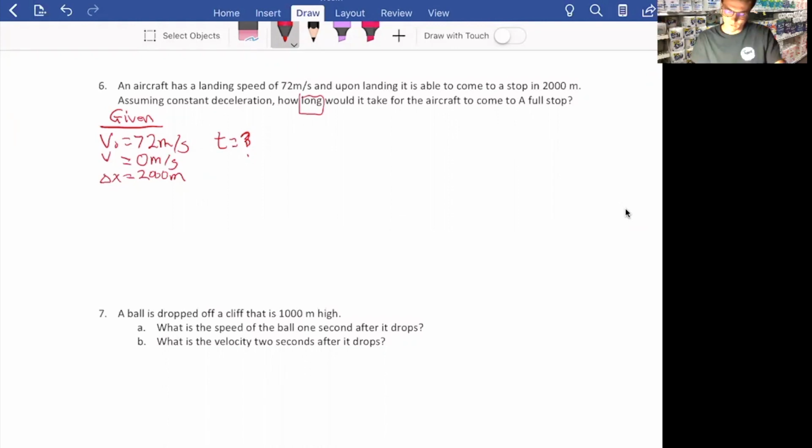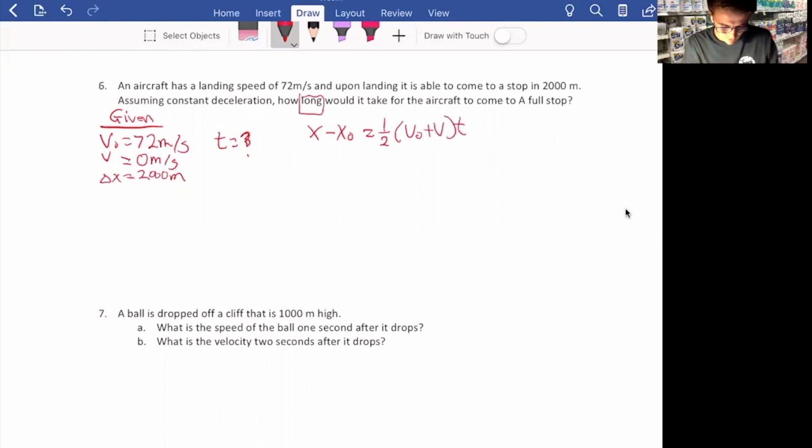So what equation are we going to use? We're going to use this one right here: x minus x initial equals 1/2 times (v naught plus v) times the time. Then plug all your values in.